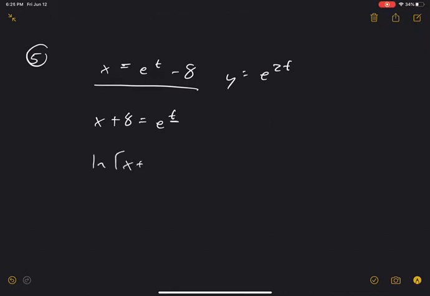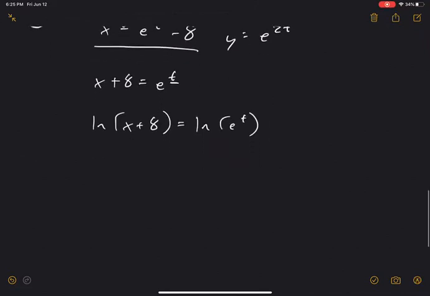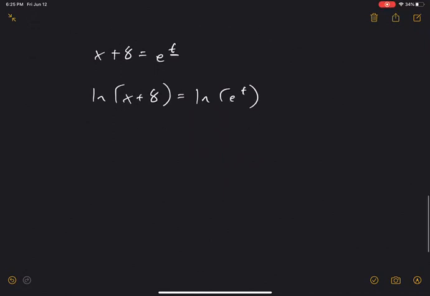So ln of (x plus 8) equals ln of e to the t. And if you're comfortable with the definition of log, natural log and e, you'll see that this ln and this e cancel out and the t comes down out of the power, and I'm just left with t. All right. So t equals ln of (x plus 8).